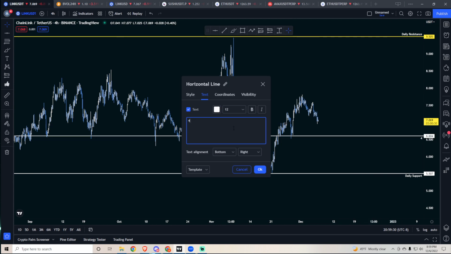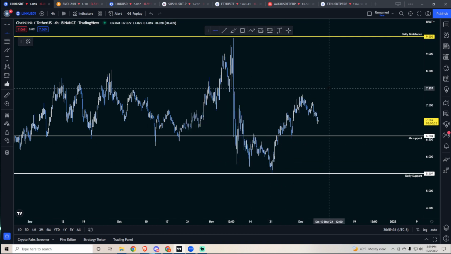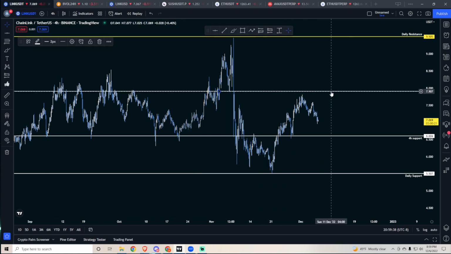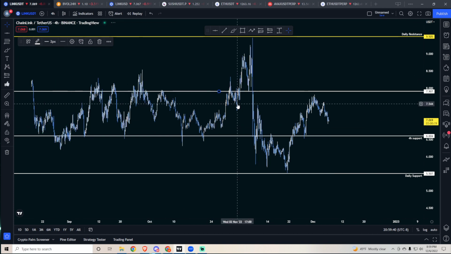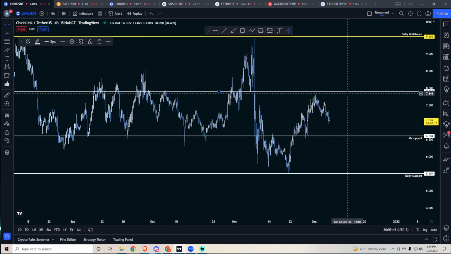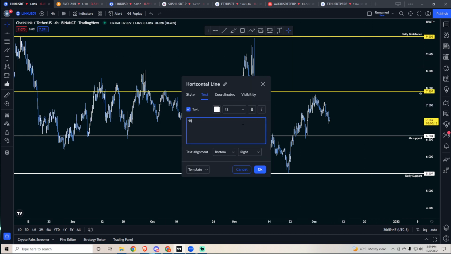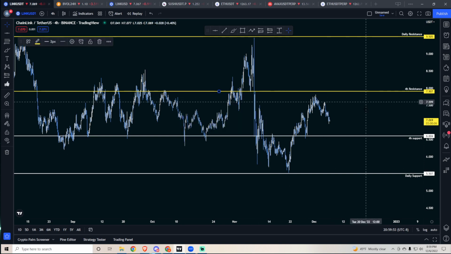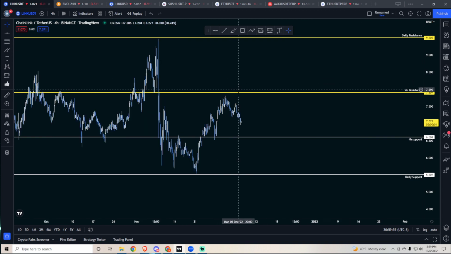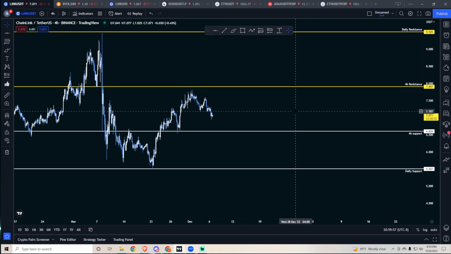So you can put yourself notes, 4 hour support, and let's make this yellow, 4 hour resistance. We'll put this at the top. Okay, so now you have your levels, okay?